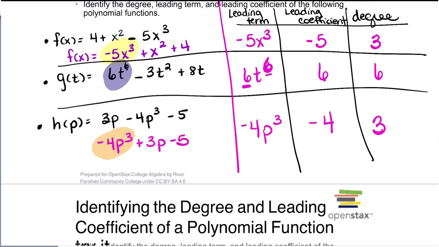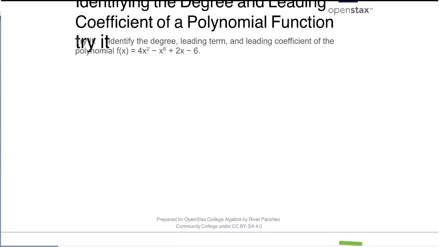Okay? So you guys pause the video, try this one, try to identify the degree, the leading term, and the leading coefficient of f of x equals 4x squared minus 6x plus 2x minus 6. Okay, so first I'm going to rearrange it, and I have negative x to the 6th plus 4x squared plus 2x minus 6.